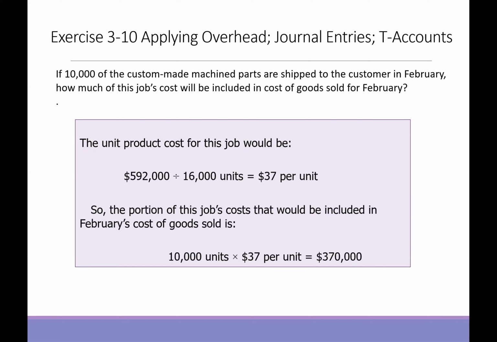That cost per unit times the number we sold, 10,000, means 370,000 will be transferred from finished goods into cost of goods sold.